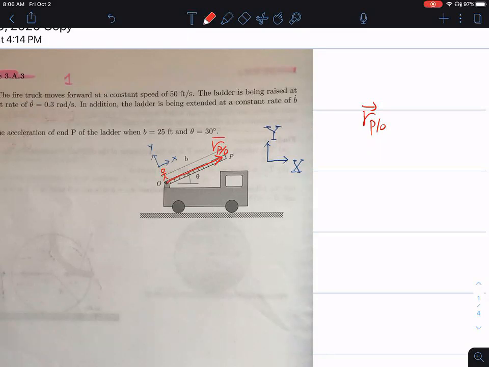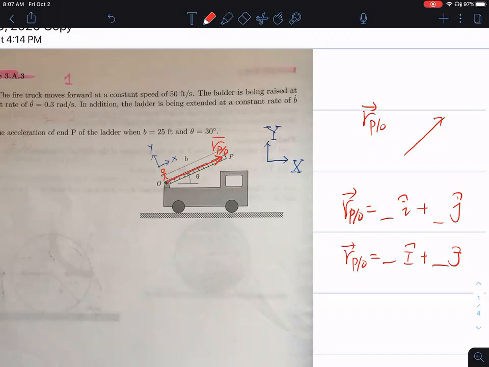Okay, if that's our vector, can you write out vector R_P/O in terms of little i plus something little j? And also write out R_P/O in terms of capital I and capital J. So we have blanks here.